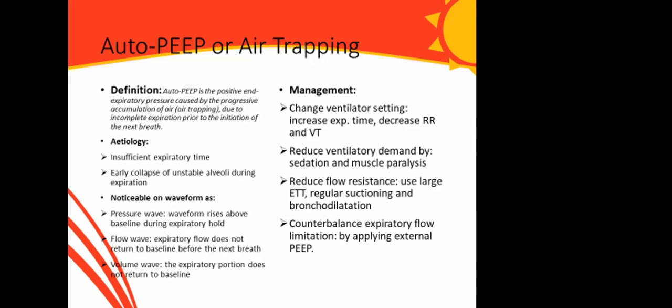Bronchodilation, like salbutamol, whatever you use in your center, can help you take care of auto-PEEP. Sometimes you can apply external PEEP by closing your APL expiratory valve and giving positive pressure. That helps to evacuate the residual air in the alveoli.